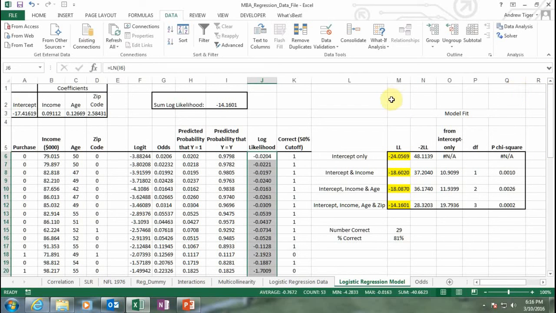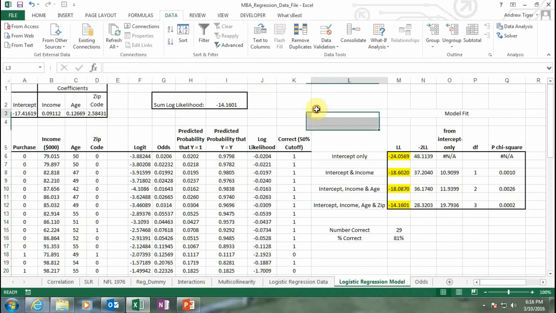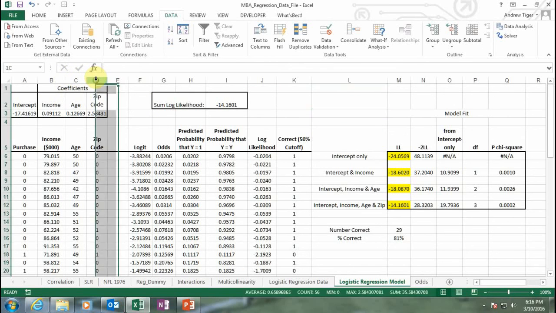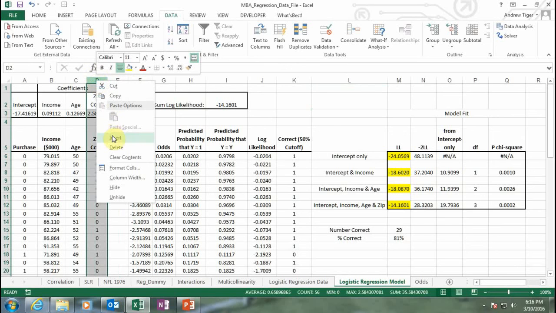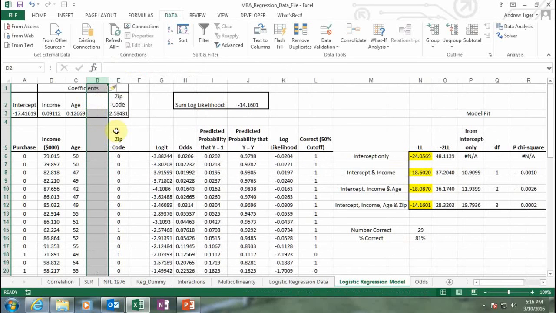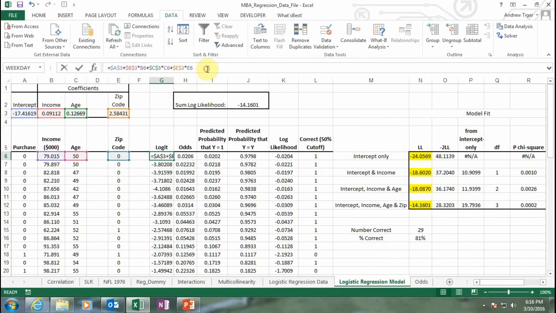So you can modify this to rerun the model. You could add another variable. Right now we've got 3 variables, but you could add a 4th one. If I wanted to add another one, I would probably click on this, right-click, insert, and add something in between, because of the logit, and then you would have to add that other variable.